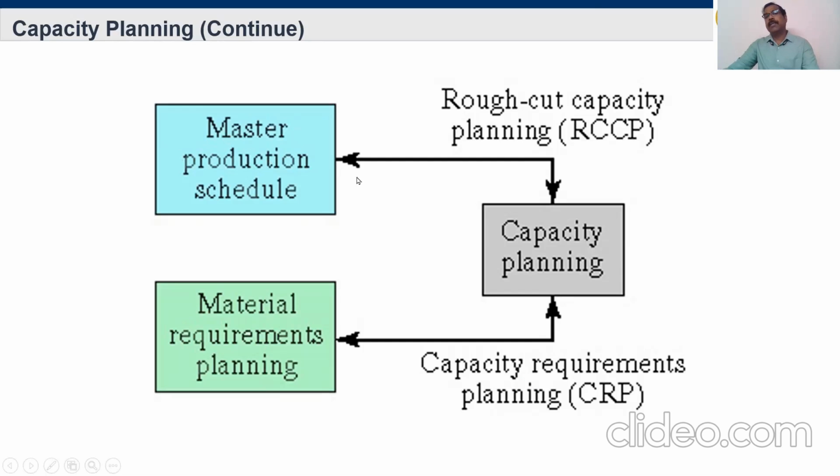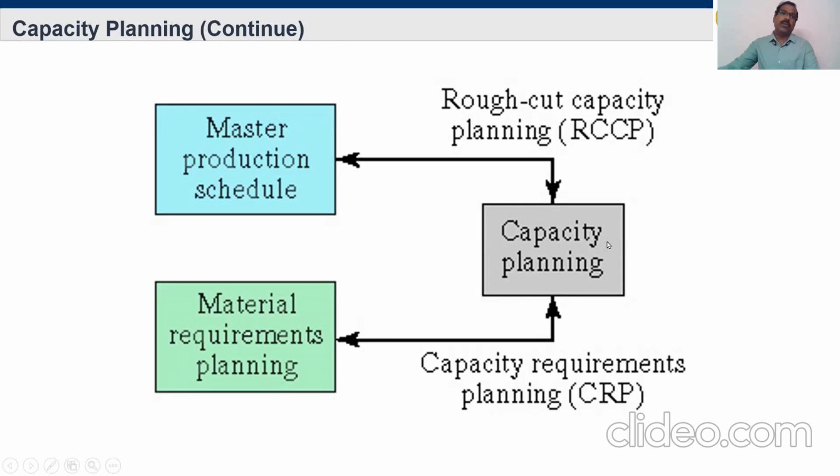Based on this master production schedule, for example, as I explained, a car company makes numerous models, for example 10 models in one particular brand, say XUV 100, with 7 variants. Each of the 7 variants needs different materials, so what capacity and what resources are needed for each? All that calculation is done at the beginning in capacity planning.